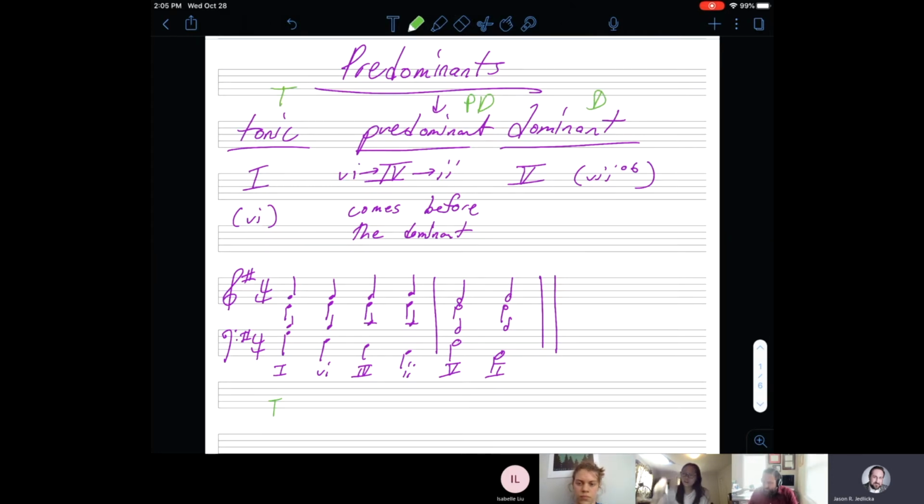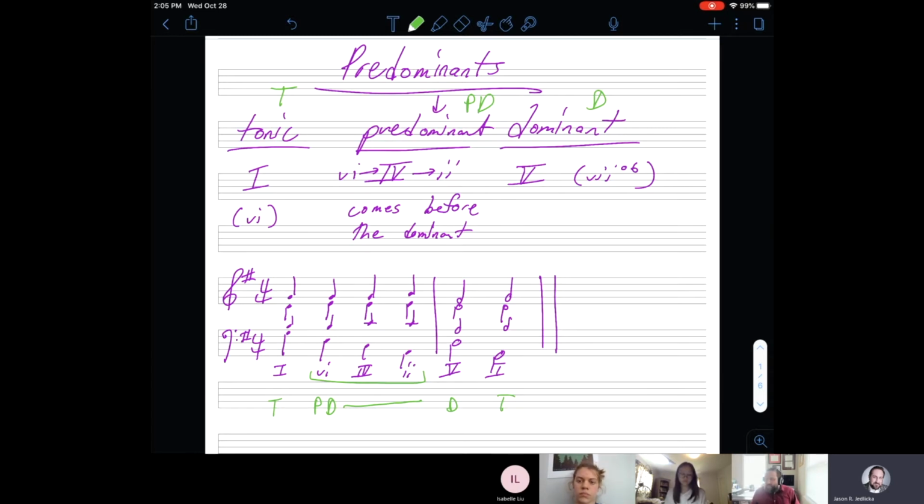So we have tonic here, and then we have our predominant space, so all those 3 chords there. And then our dominant, and then our tonic. So these are all predominant chords here, and then we go to our dominant, and then our tonic.